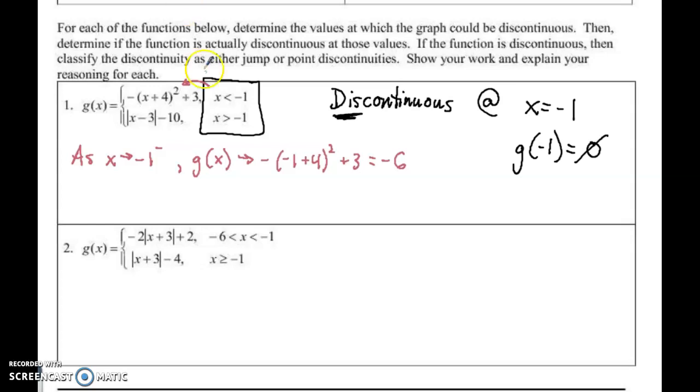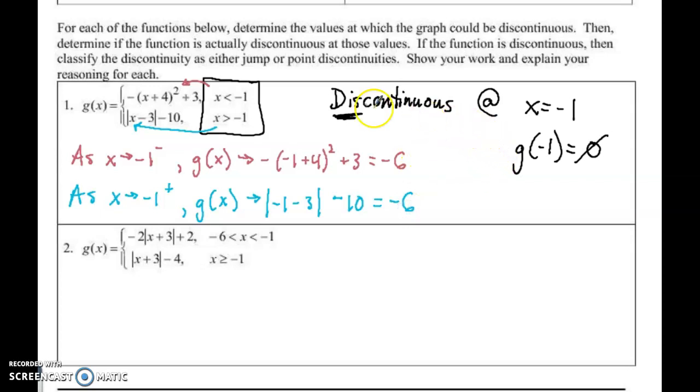So now do the same work with x approaches -1 on the right side. So now the right side is greater than, plugging in -1 right there, -1 minus 3, then minus 10. So that's -4, absolute value makes it +4, minus 10 makes it -6.